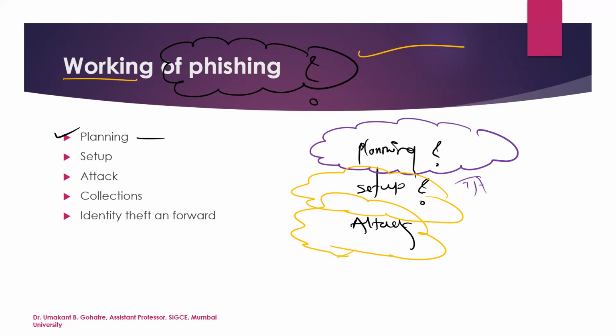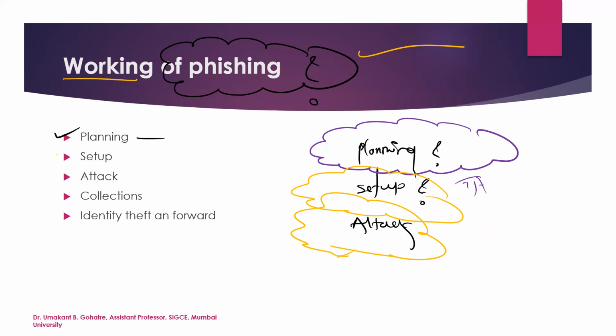In planning, the steps are to decide the target and plan how to reach the target's mail, generally done using mass mailing. Then setup, where the phisher comes to know whom to spoof or attack using emails, and starts creating and delivering messages to collect data from the targets.